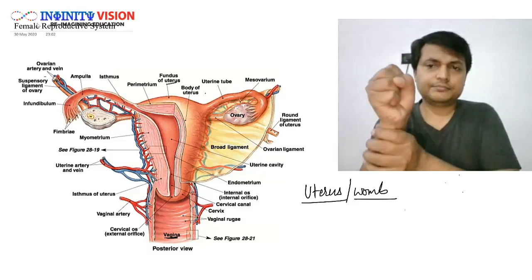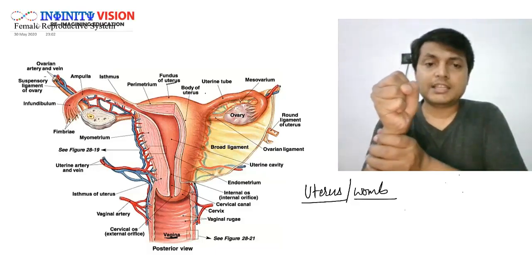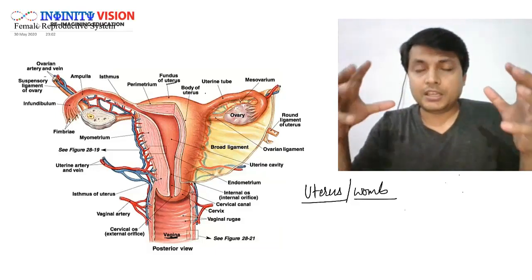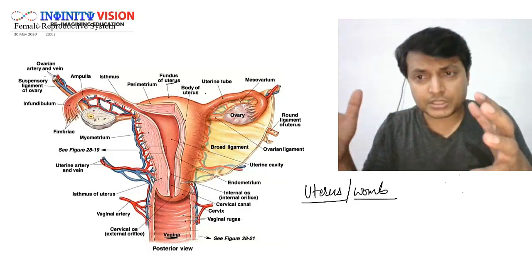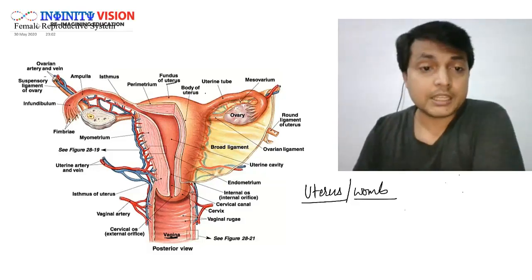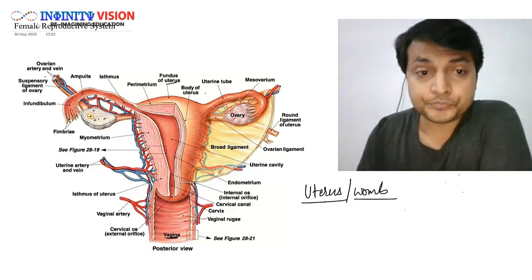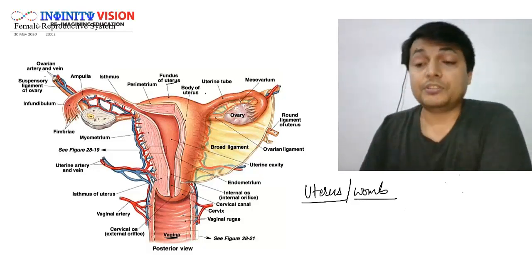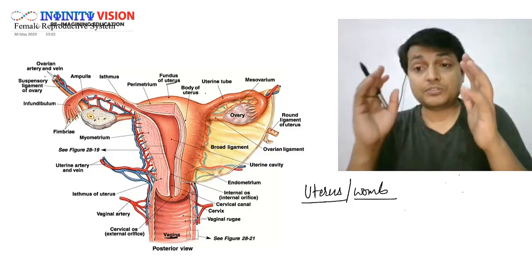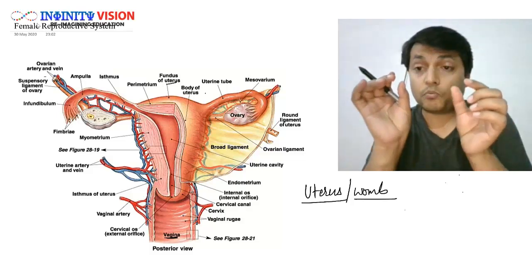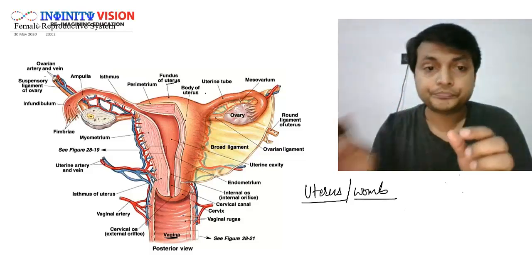In case of pregnancy, it is obviously going to expand, but in normal conditions it is just the size of a fist, not more than this. Great. And if you see, there is not this much gap in the uterus. The gap is really, really less. It is all a thick muscular wall that you can see.